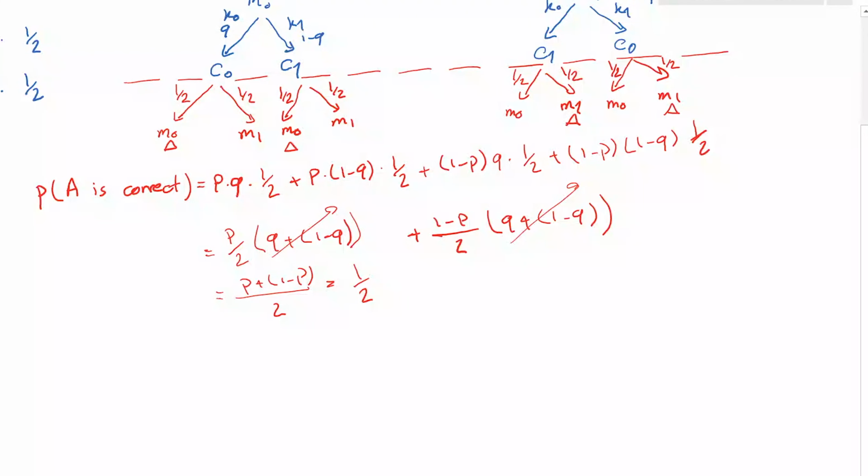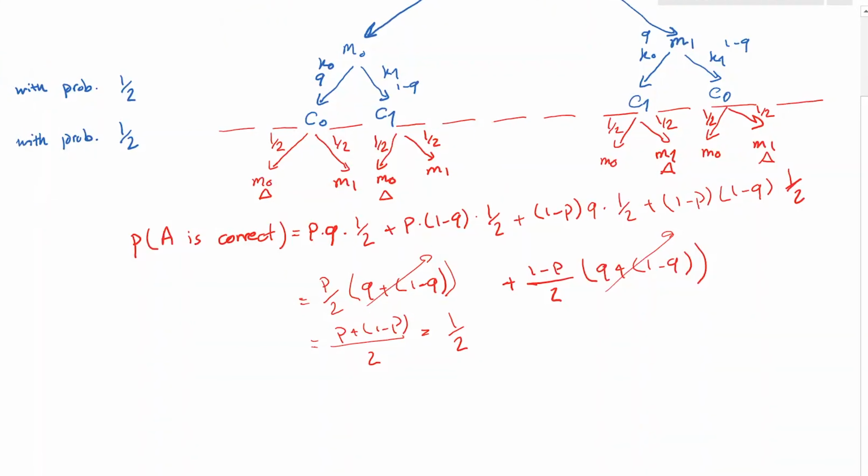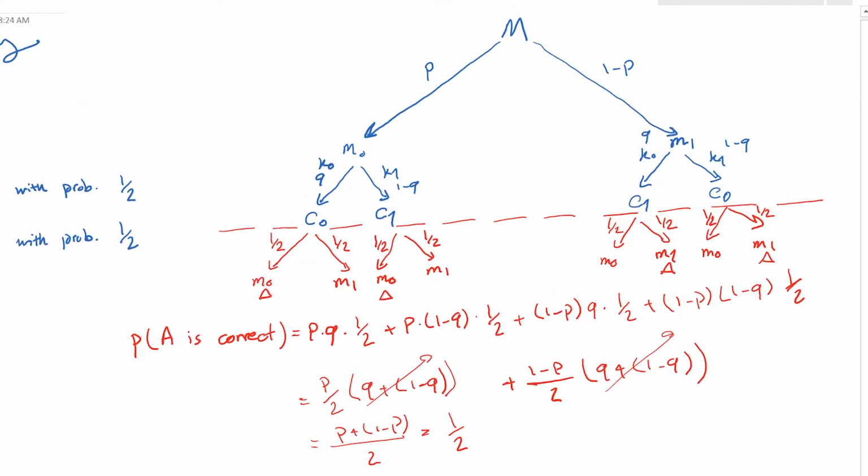So we have correctly computed the probability, supposing these are the distribution of the message and the key.